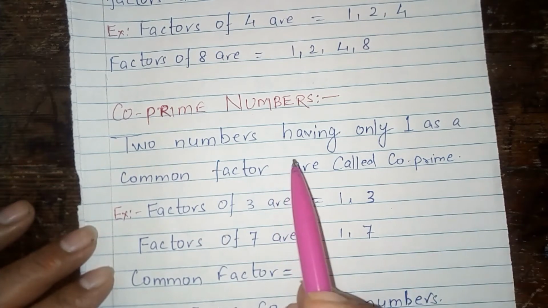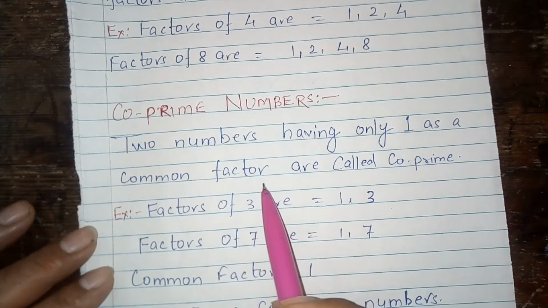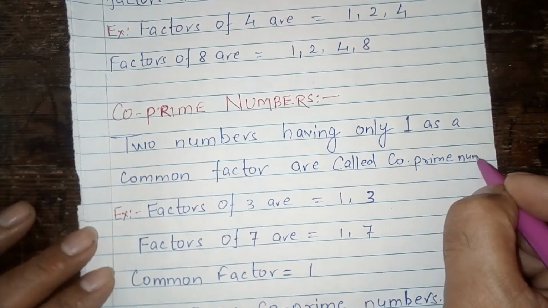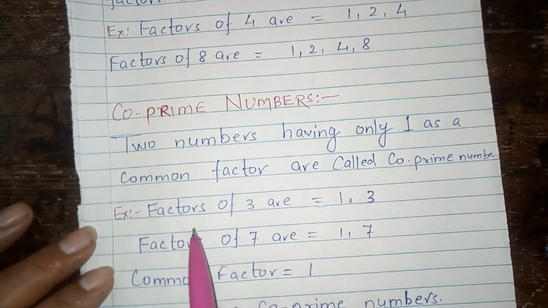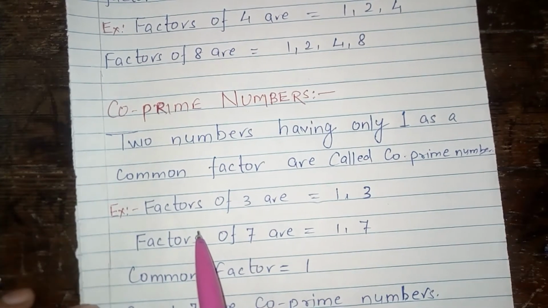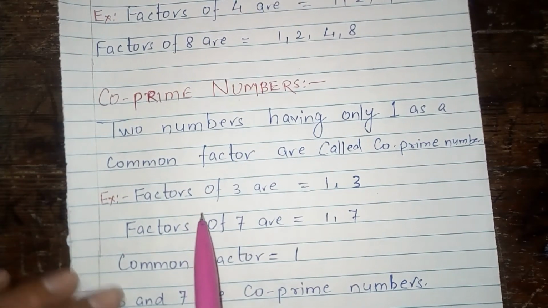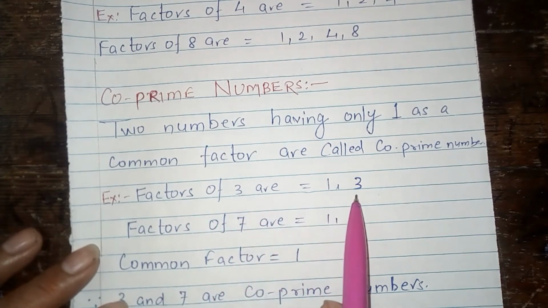For example, suppose factors of 3 are 1 and 3.